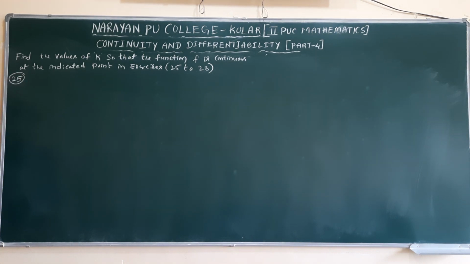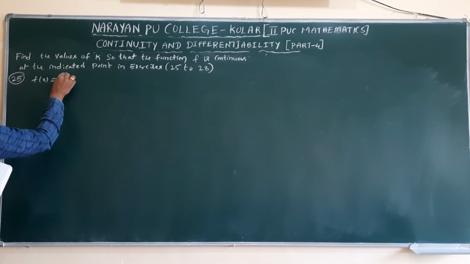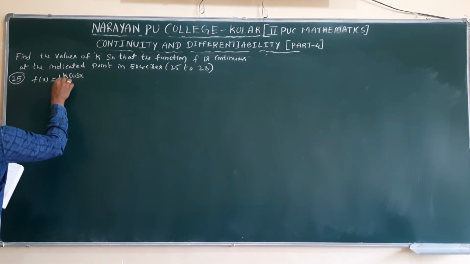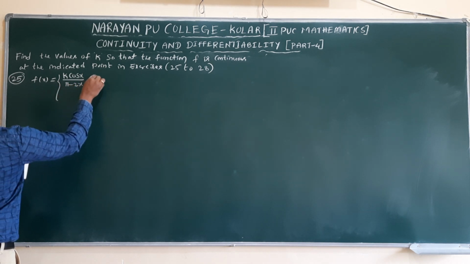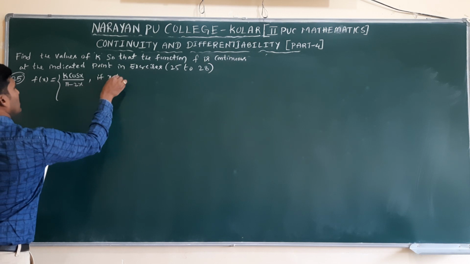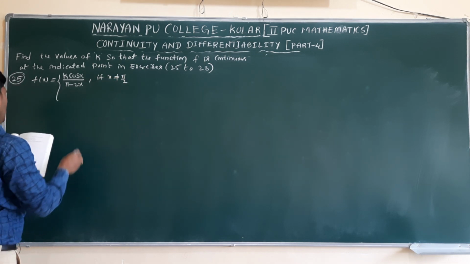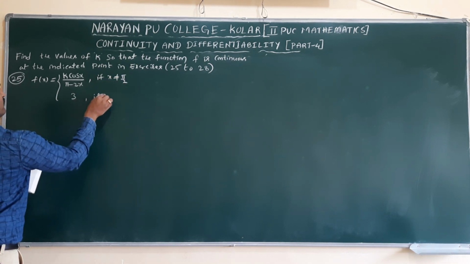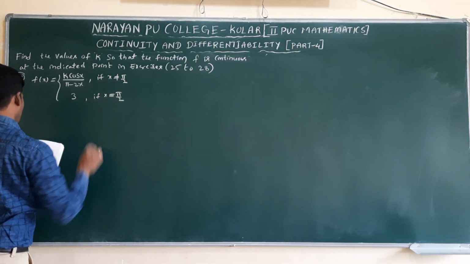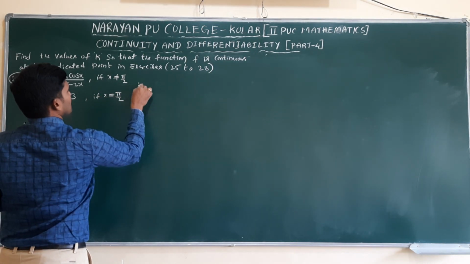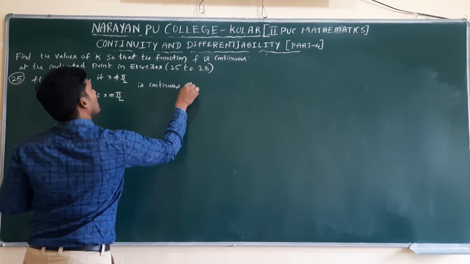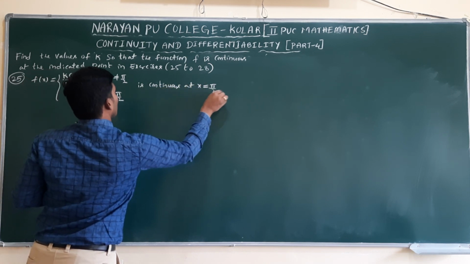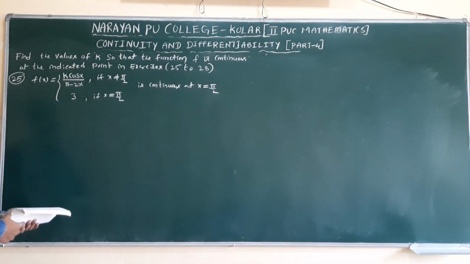Question number 25. The given function f of x is k cos x by pi minus 2x if x not equal to pi by 2, and 3 if x equal to pi by 2, and it is continuous at x equal to pi by 2. Continuity is already given; we need to find the k value.